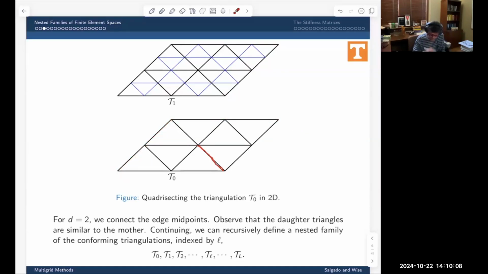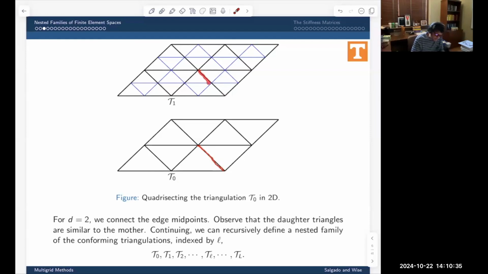In any case, all of these triangles are similar triangles, and moreover, they're the exact same size, and so their diameters are all the same. So it doesn't matter if I take the max or not, I'm always going to obtain that this length here is the h for T0. So h0 is the length of this. Now, what about h1?